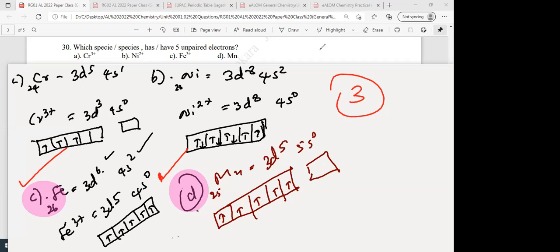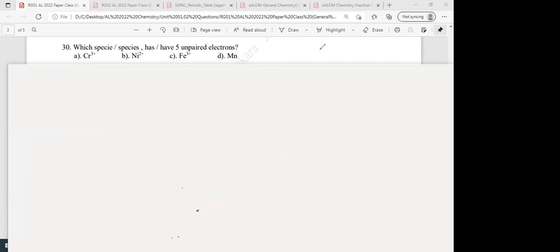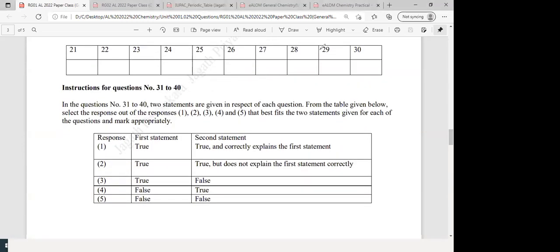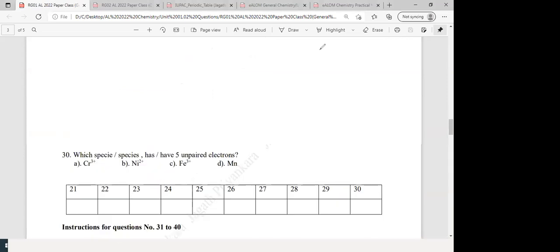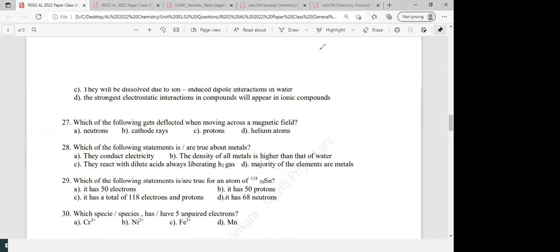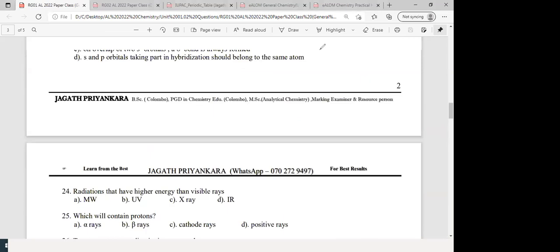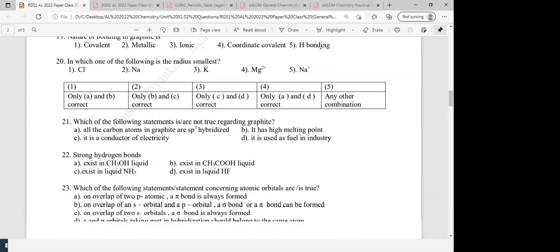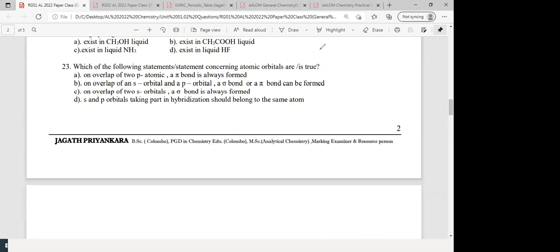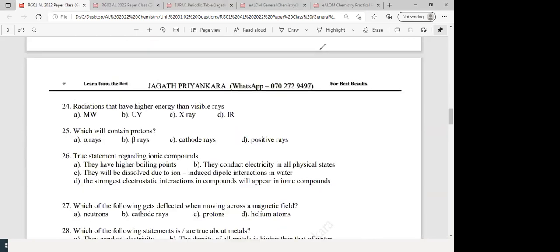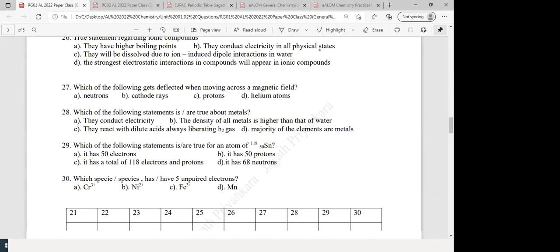Okay. Then next one, the hardest part, the statement questions. Anyway, you should practice all these types. There are not only 1 to 5 answers. For question numbers 21 to 30, I gave ABC type. For the last set I have given statement questions. If both are correct and the second explains the first, that's the first answer. If both are correct but the second does not explain the first, the second answer.